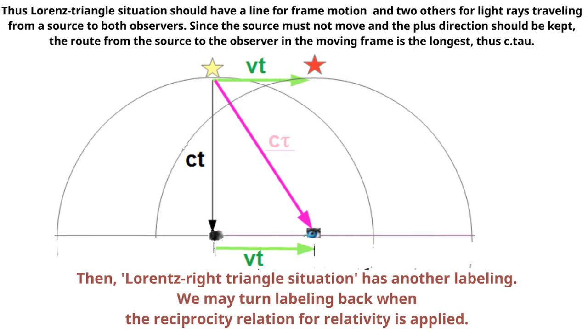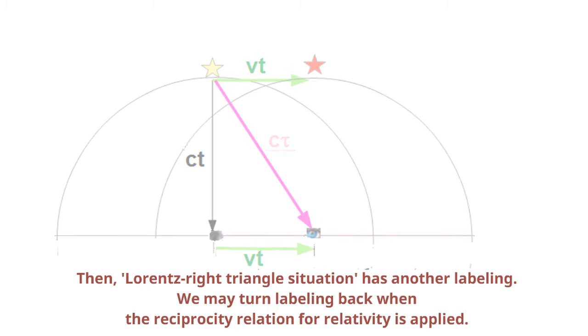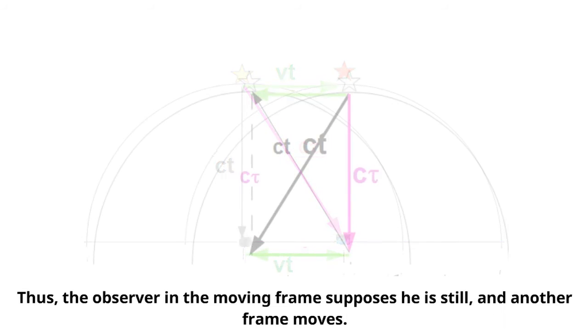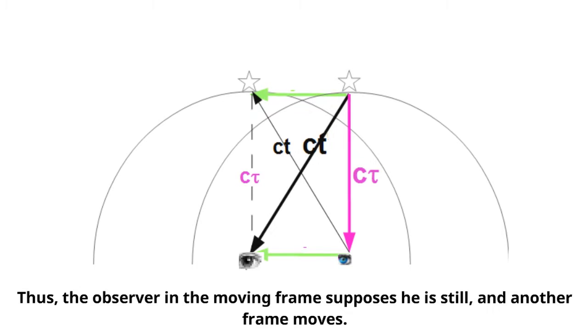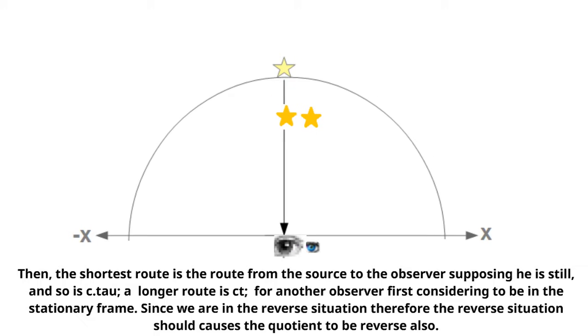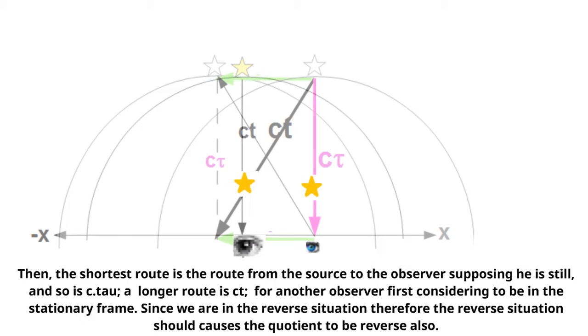Then, the Lorentz right triangle situation has another labeling. We may turn labeling back when the reciprocity relation for relativity is applied. Thus, the observer in the moving frame supposes he is still and another frame moves. Then, the shortest route is the route from the source to the observer supposing he is still, and so is C tau.